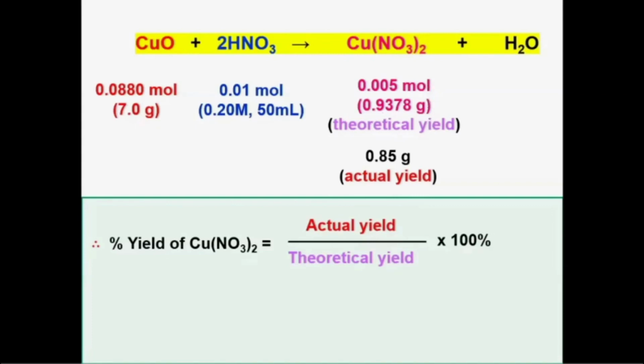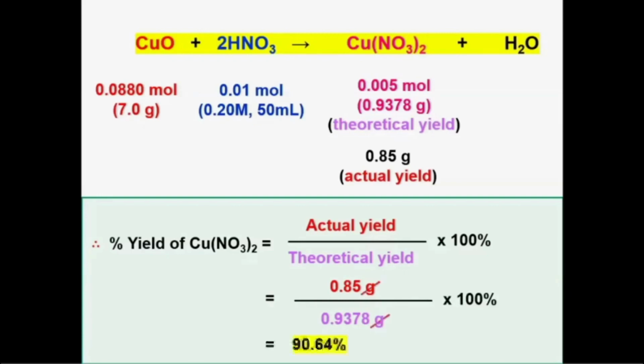It is not necessary to use grams. Actually, we can also use moles. But in this case, I'm going to use the masses, or grams. So the actual yield is 0.85 grams, divided by 0.9378 grams, times 100%, and we are going to get 90.64%.